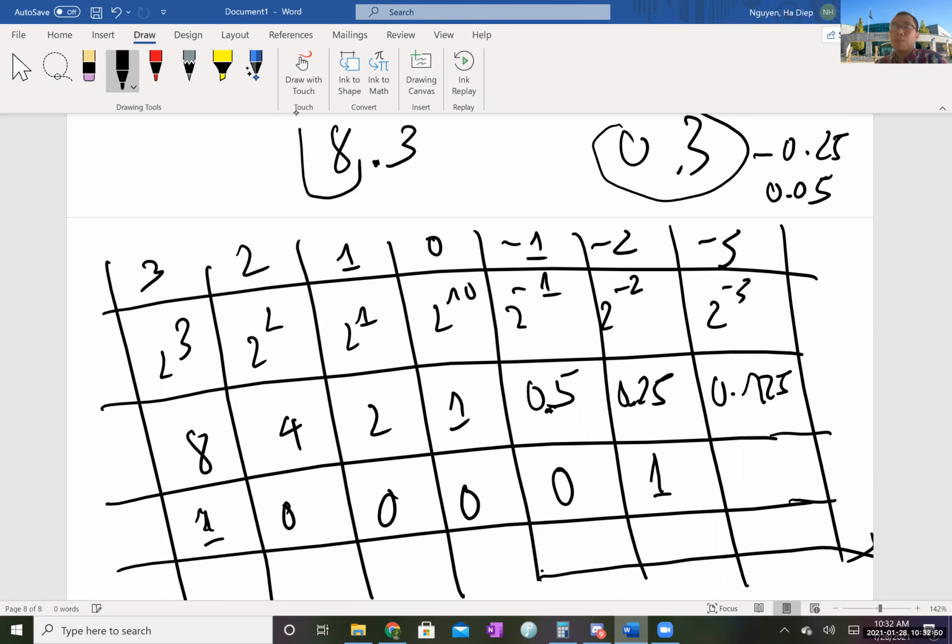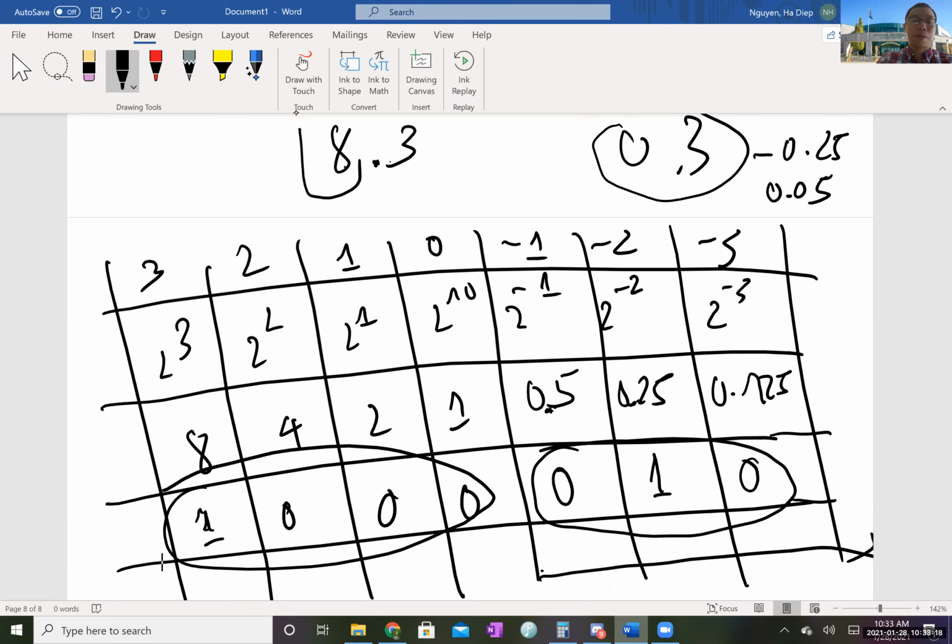You move to this one, 0.05 is less than 0.125, so you put the number 0 here, and keep doing it. If they ask you that you need only 3 numbers in the fractional part, you can stop here, even though you have not reached 0.